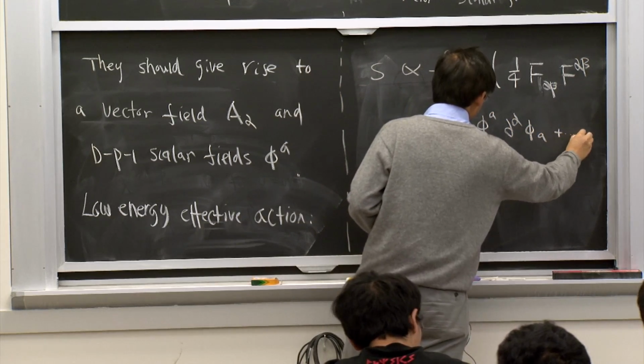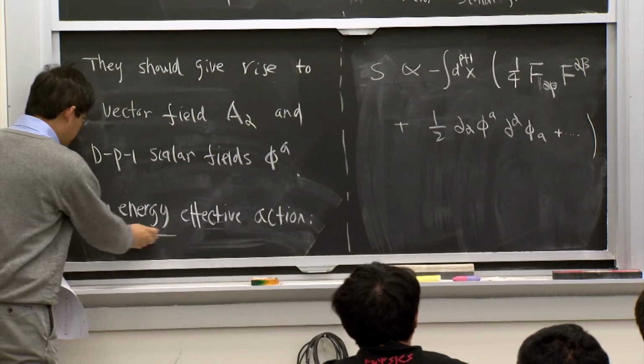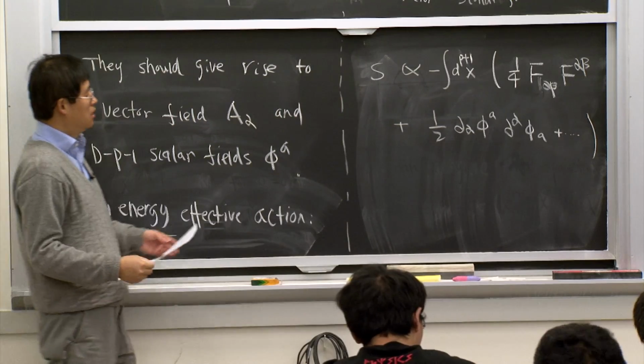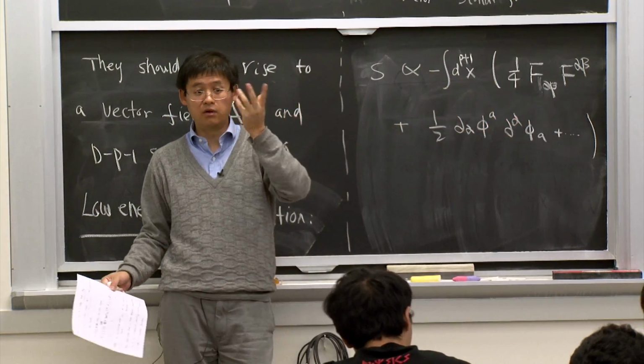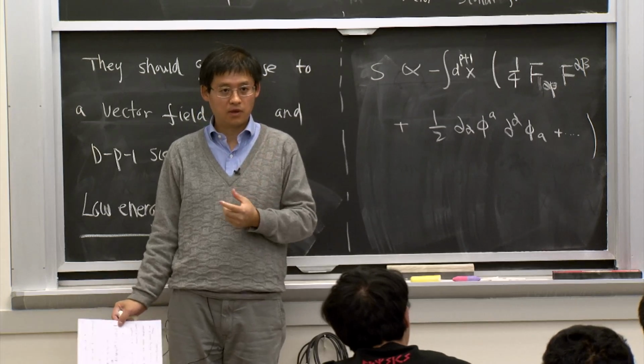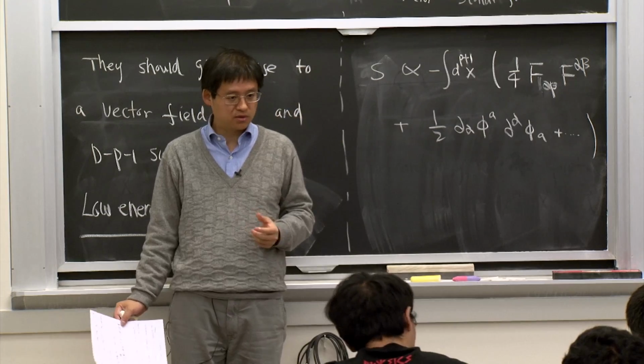And then, of course, there are more complicated contributions. But at low energy, the structure of those excitations must be described by this kind of low energy effective theory. Again, this is just determined by the universality of massless modes.